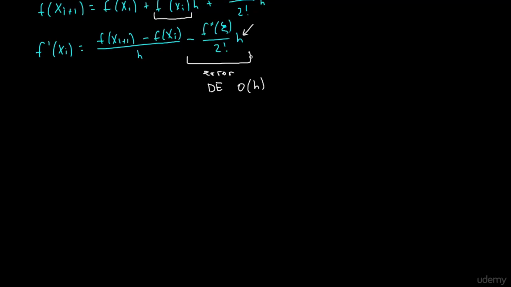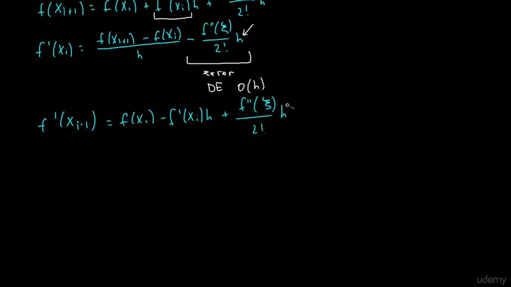We can do a similar calculation for the backward difference, and we'll come up with roughly the same result. The only real difference is that you would have the first derivative at xi minus 1 defined as f of xi minus the first derivative at xi times h plus the second derivative, once again at xi, divided by 2 factorial h squared.